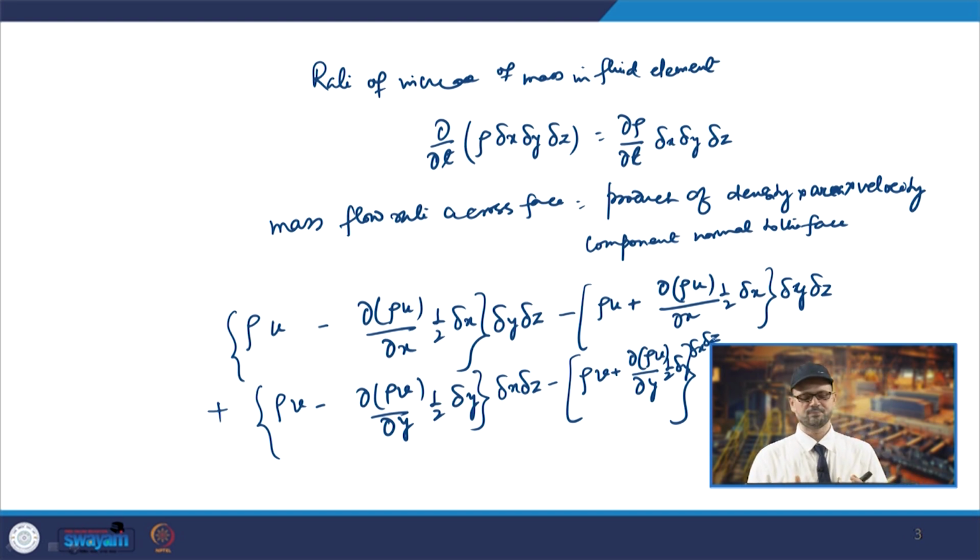So, that will be for the y component, and then you have the z component, where w will come.